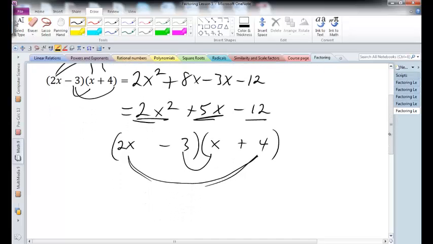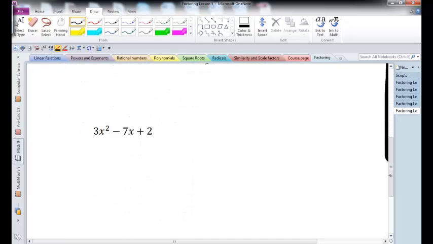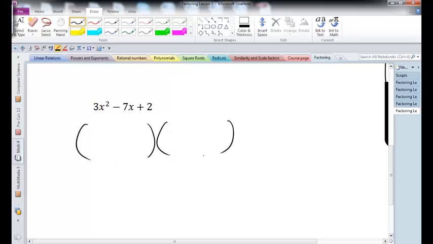Let's do one together. Let's factor 3x squared minus 7x plus 2. We're going to factor it into two binomial factors. The 3x squared, if we break 3 into its factors, we get 1 and 3, would be 3x and x.